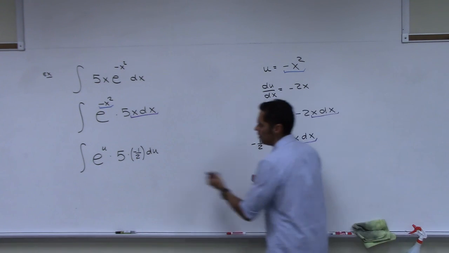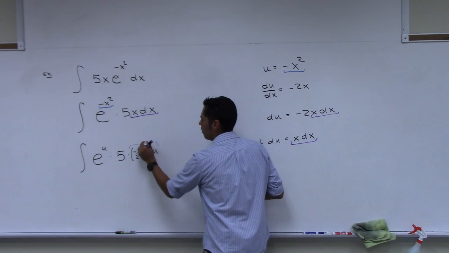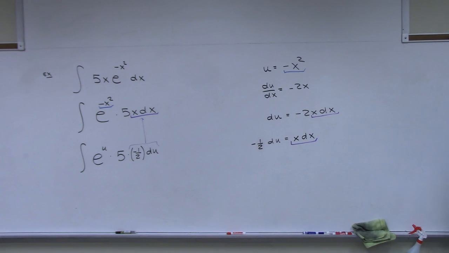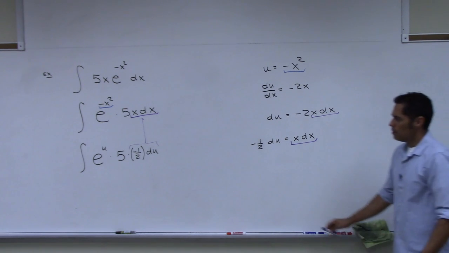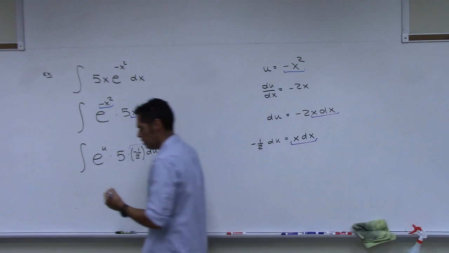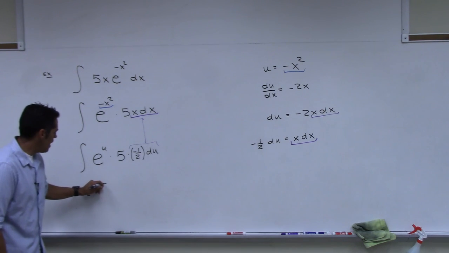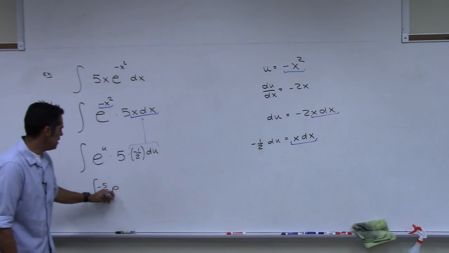Okay, so this right here is that piece right there. So would you agree with me that this is really negative 5/2 integral, negative 5/2 e to the u du?